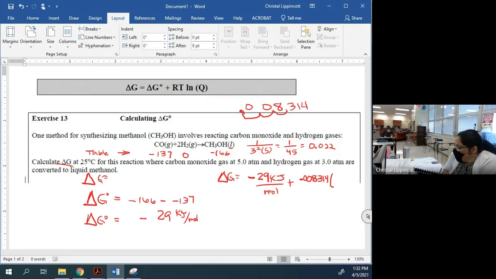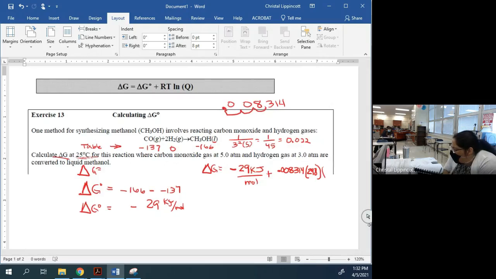We're going to multiply that by our temperature. It's set at 25 degrees Celsius, so we have to convert Celsius into Kelvin. That's 298. And we're going to multiply that by the natural log of this value right here.